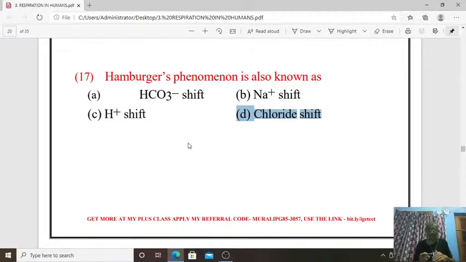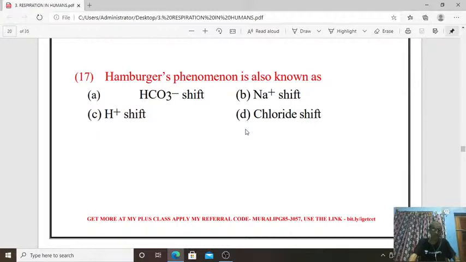If it is 10 HCO3 minus ions moving out, then 10 Cl minus ions will move from the plasma into RBC. So that is a mutual exchange of negative ions to maintain the negative electrical balance. So it is called chloride shift, not HCO3 minus shift. It was observed and studied by Hamburger, so the phenomenon is called Hamburger's phenomenon.